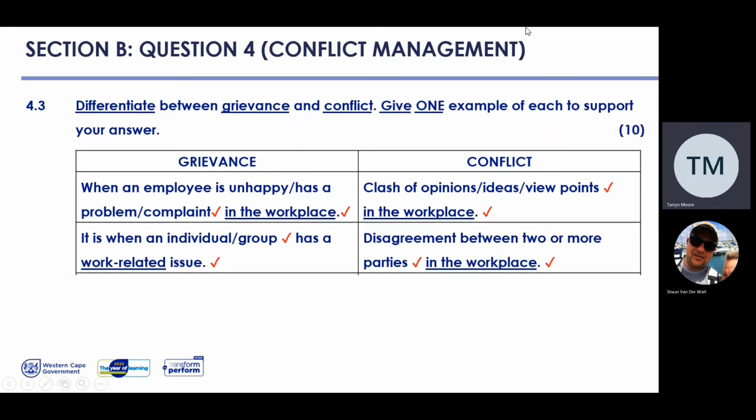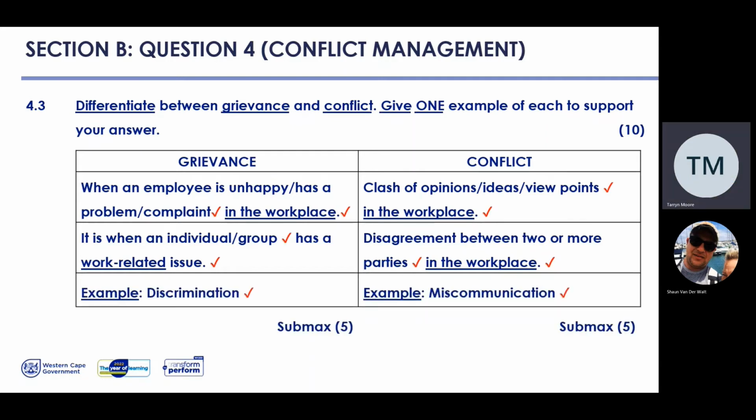And now I need to complete the example, which is the second part of the sentence. Under grievance, I'm dealing with the example of discrimination. Under conflict, I'm giving you the example of miscommunication.